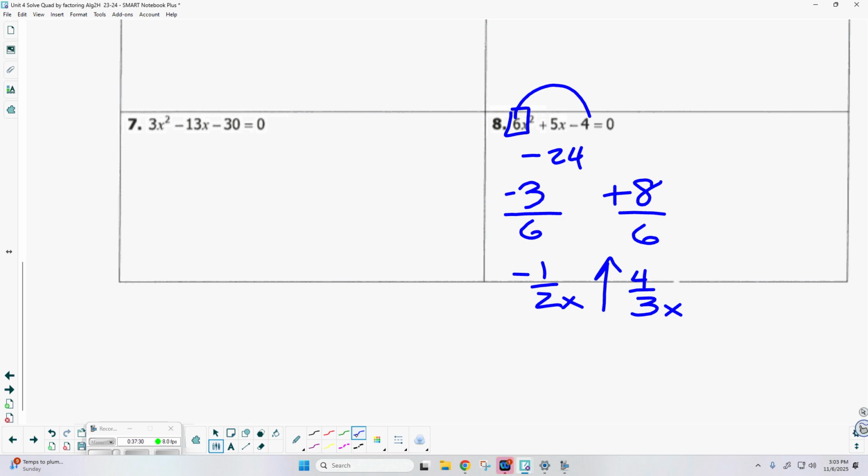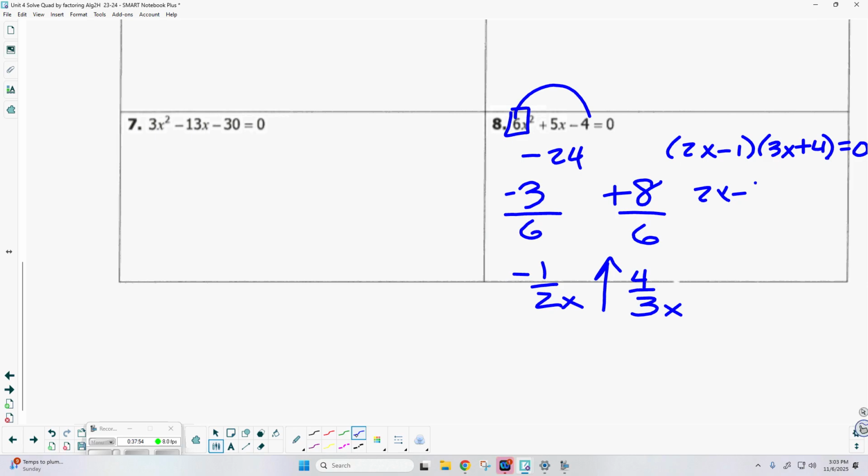So what's my first group? 2x minus 1 times what? 3x plus 4. Now, if you have time, it is not a bad idea to multiply those back together, see if it does give you the original problem, because your solutions are going to be based on this.